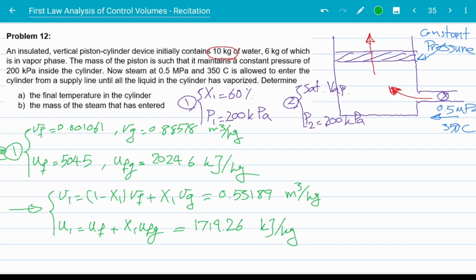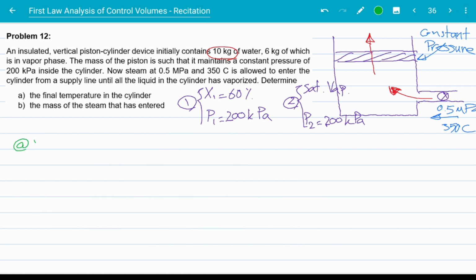Let's go to the final and supply line. So at the second state, or the final state, I'm going to check the tables again for 200 kilopascals and saturated vapor. So u2 is u_g.